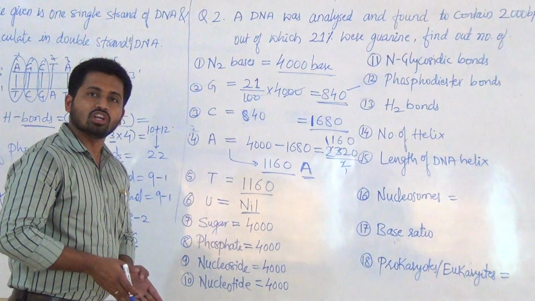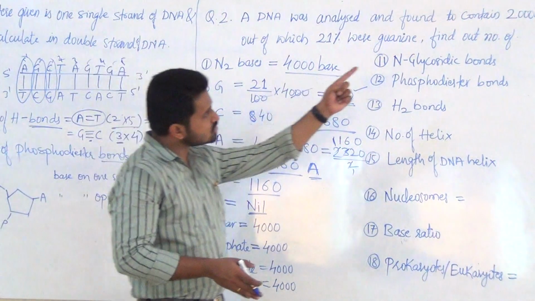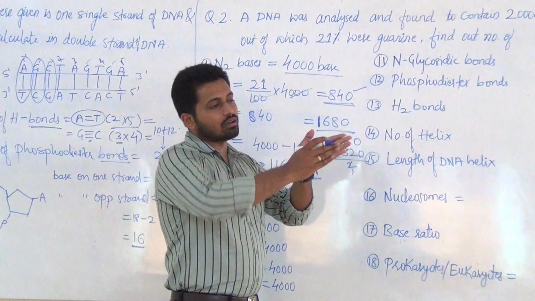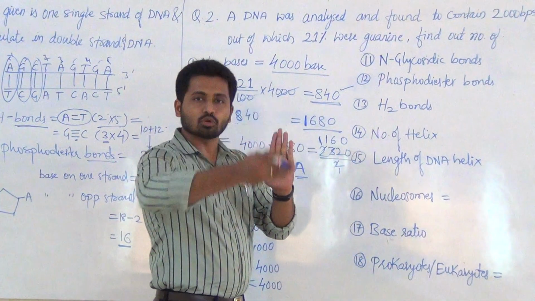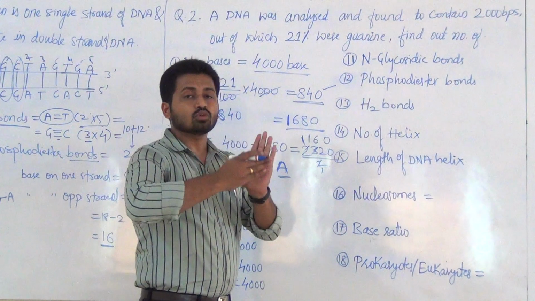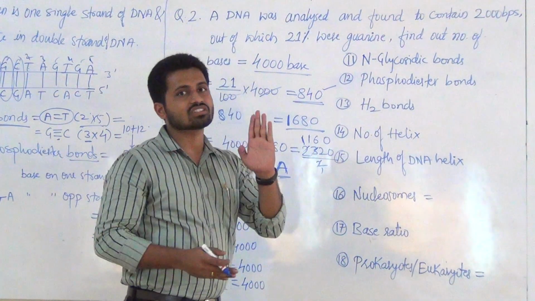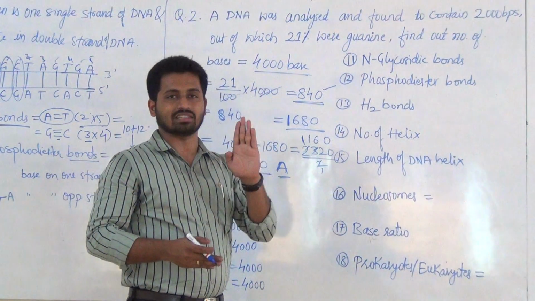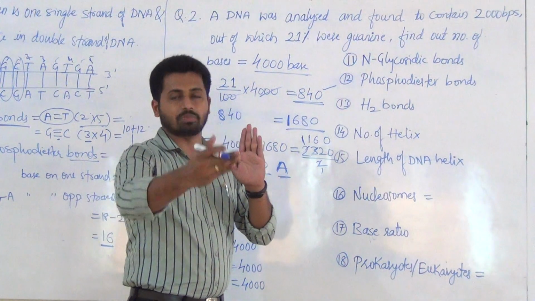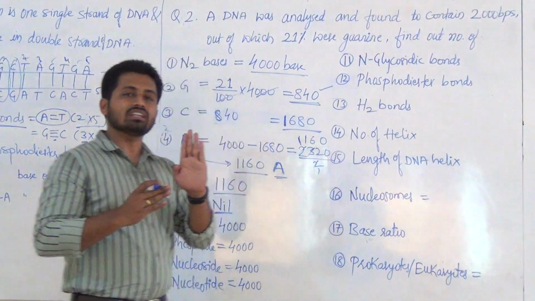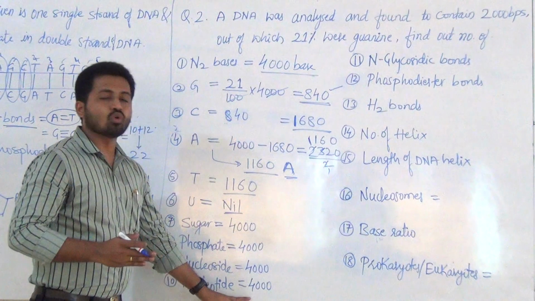On one strand there are 2000 nucleotides, and these pair with the opposite strand, making 2000 base pairs. So 2000 on one strand, 2000 on the other strand, that is 4000.